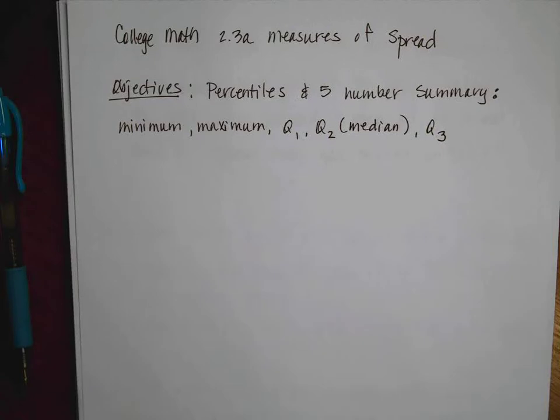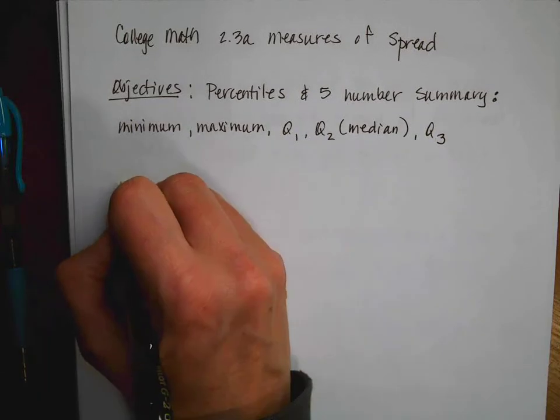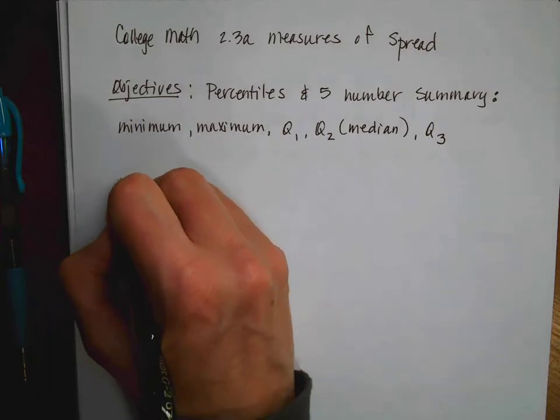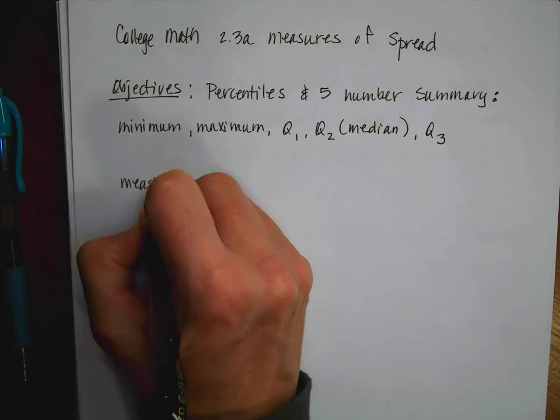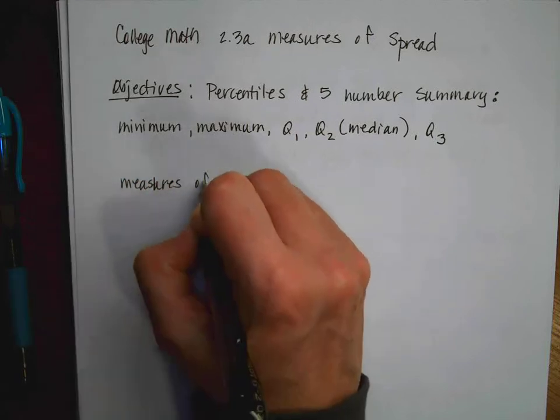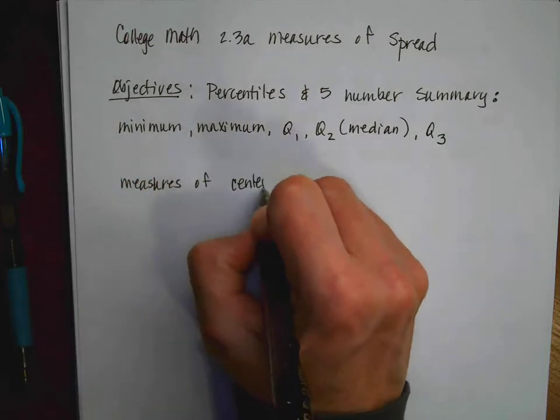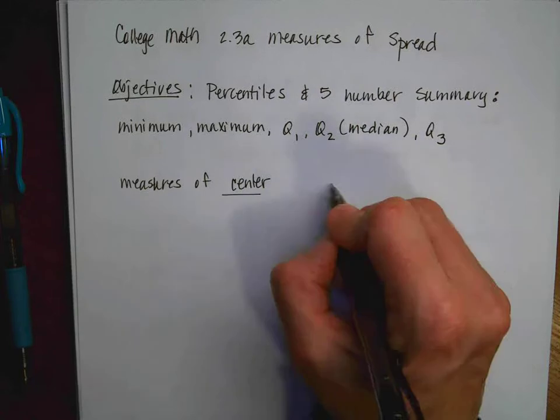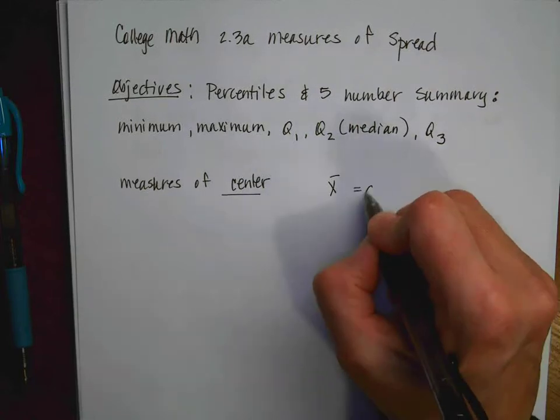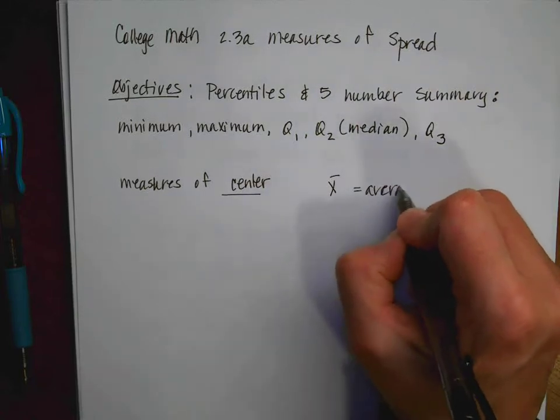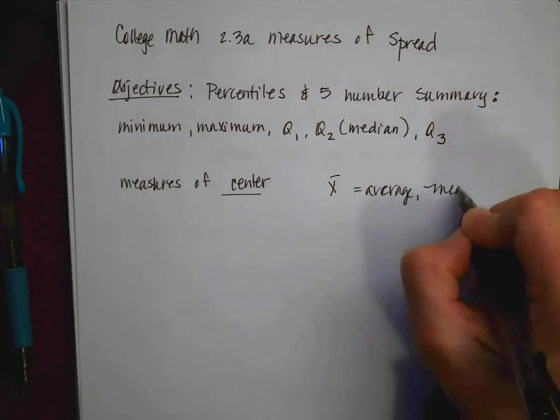So instead of looking at the average, remember in our last section we looked at measures of center. Okay, and we looked at X bar, which was the average or the mean.